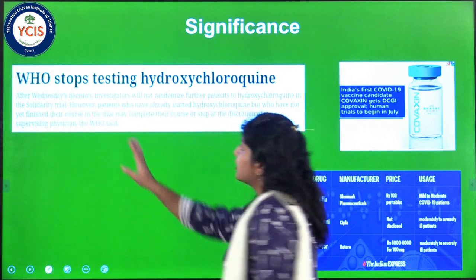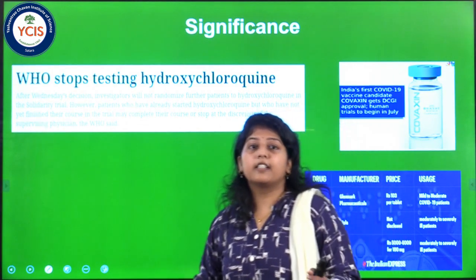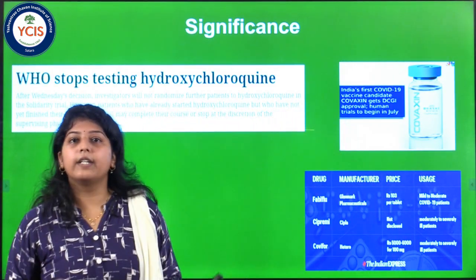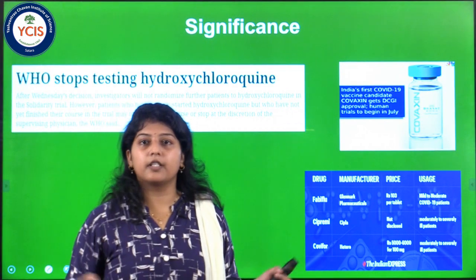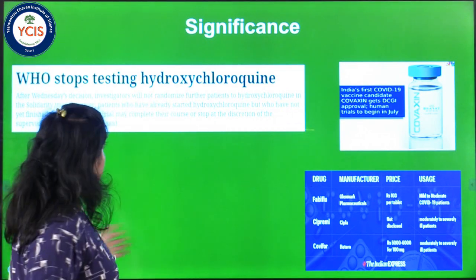Last month, WHO stopped the hydroxychloroquine clinical trial. Now, hydroxychloroquine created a lot of buzz around the COVID-19 treatment spectrum, but WHO stopped it abruptly. So, why did it stop?